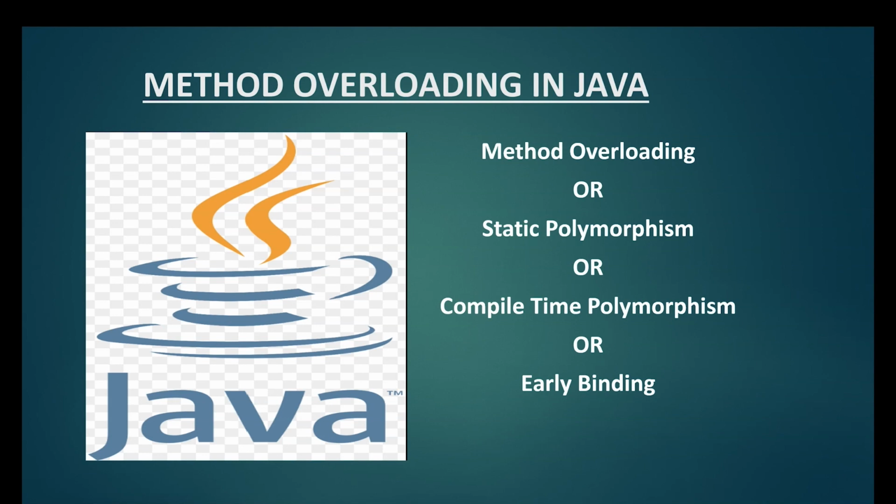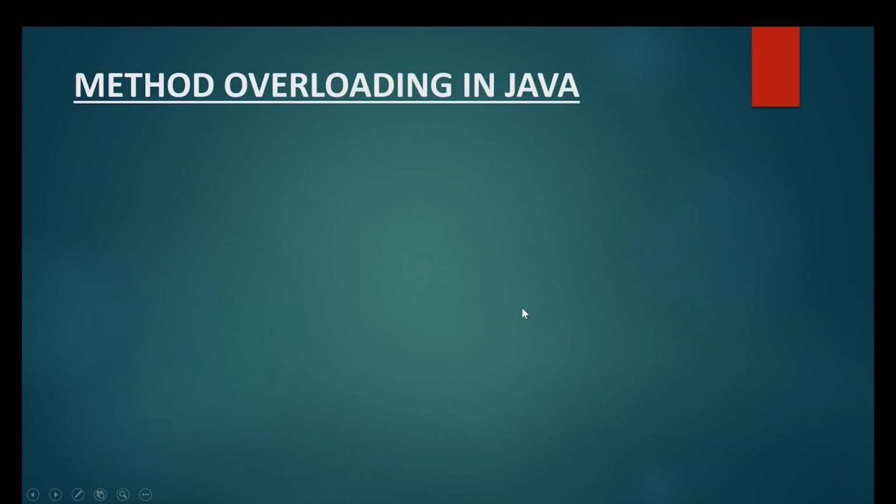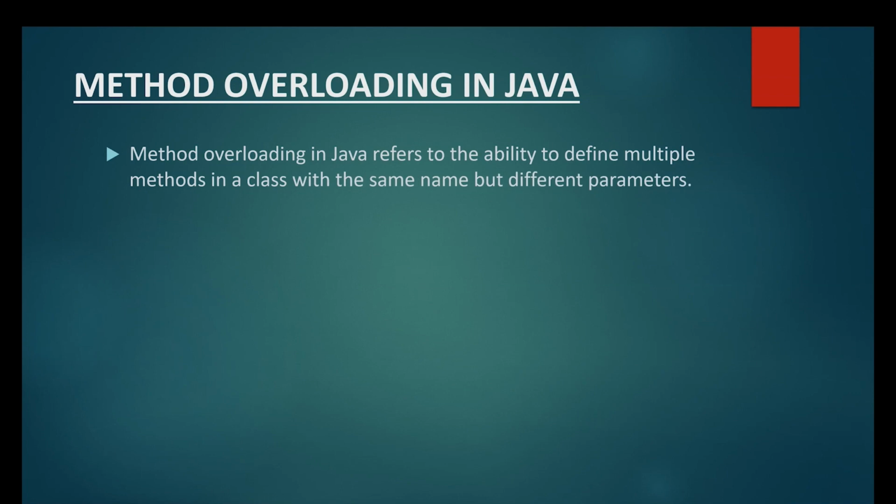Okay. Now let's jump to some of the theoretical parts about method overloading in Java. What is method overloading in Java? The very first point is the same. Method overloading in Java refers to the ability to define multiple methods in a class with the same name but different parameters.